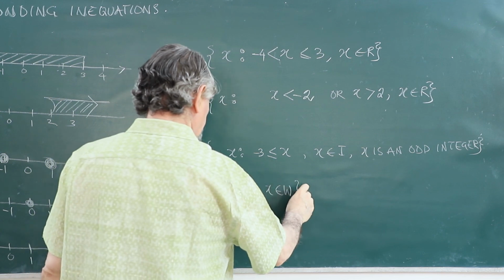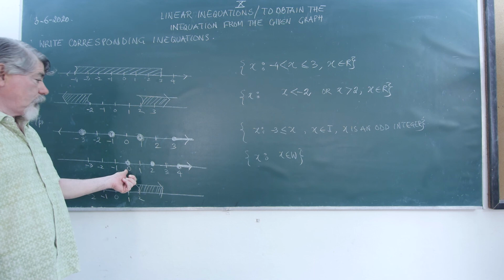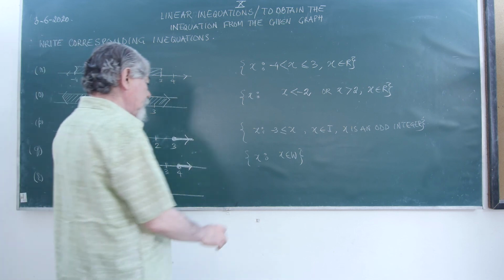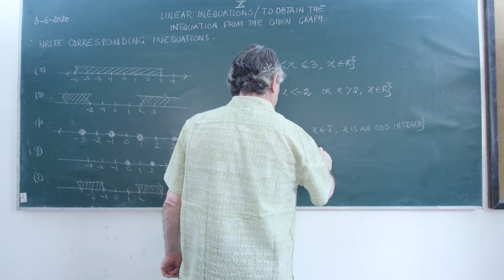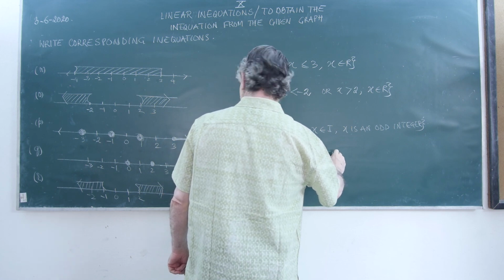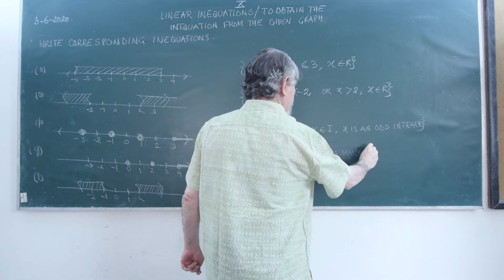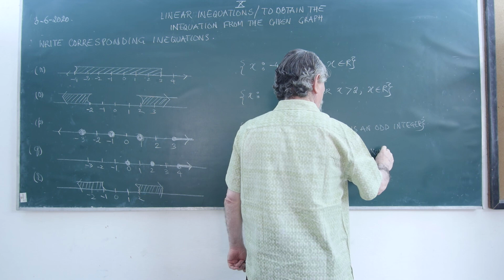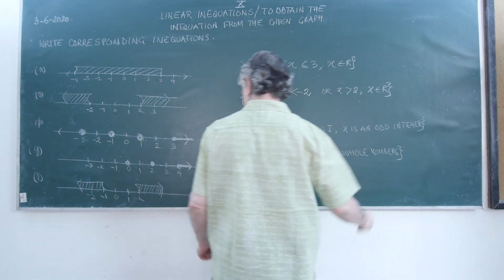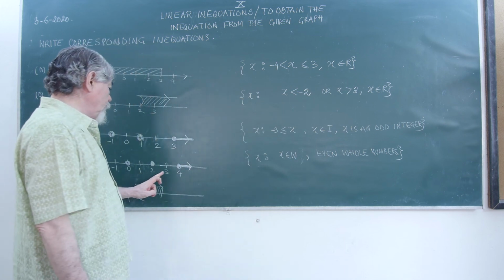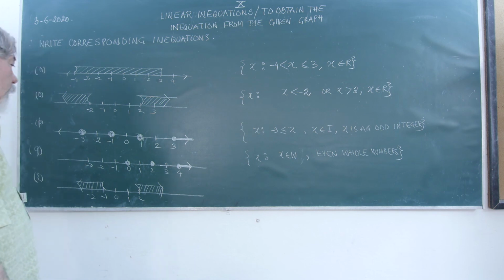I don't need to indicate anything. It is starting with 0, 2. The only thing is you have to say even whole numbers, because these are even whole numbers, not odd. If you see, it is 0, 2, 4, then 6 and so on. So x is an even whole number.